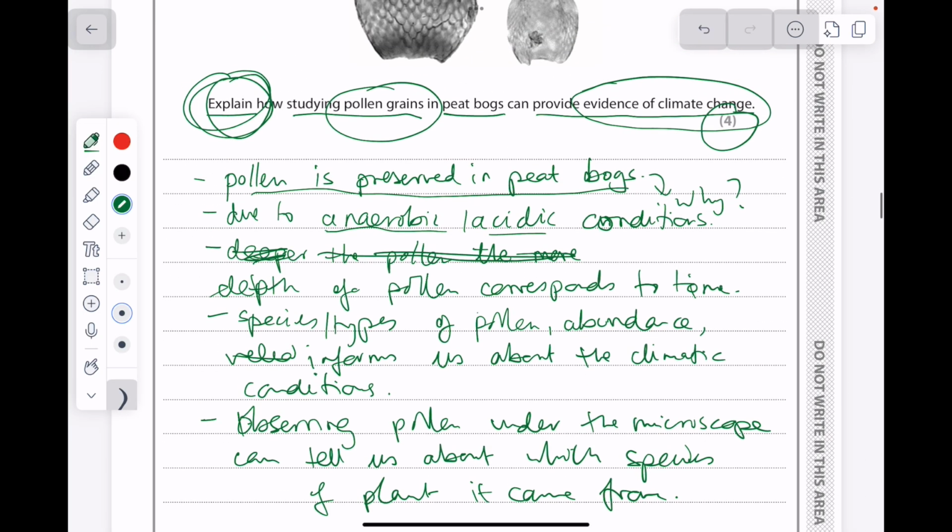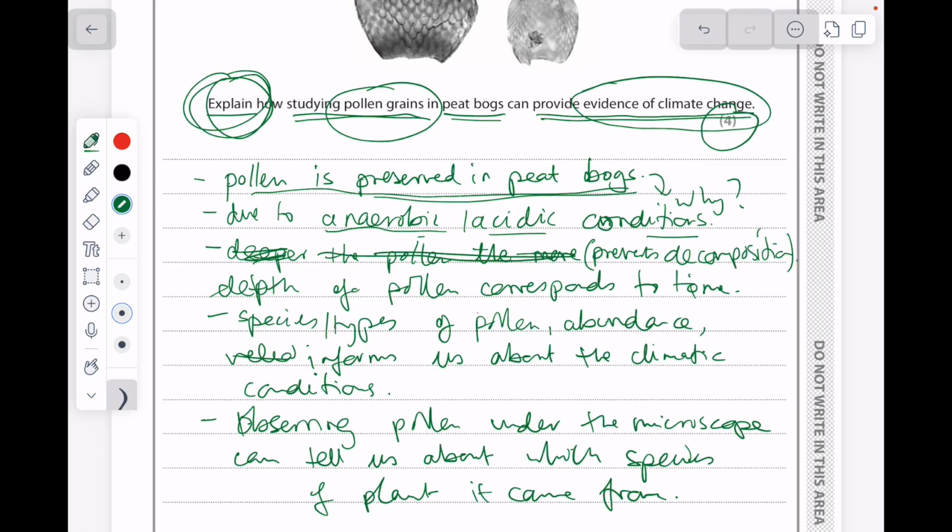Okay, let's see how we've done. Explain how studying pollen grains in peat bogs can provide evidence of climate change. So pollen is preserved in peat bogs due to anaerobic, acidic conditions, so it prevents its decomposition. The depth of pollen corresponds to time.